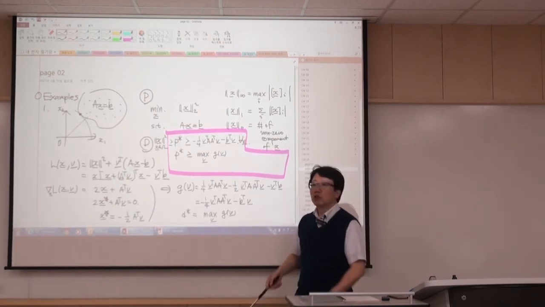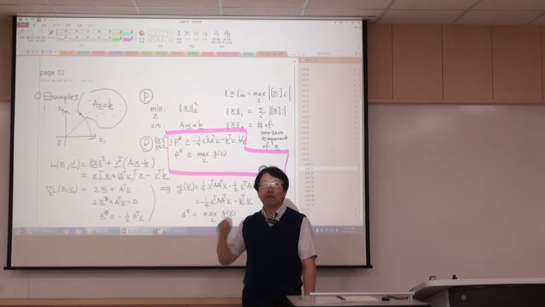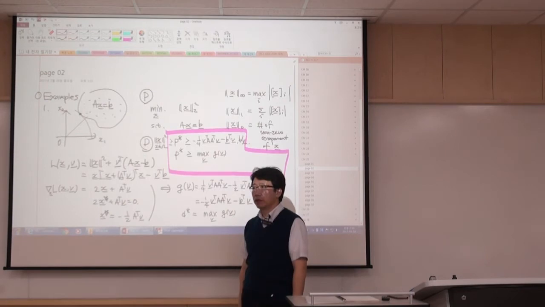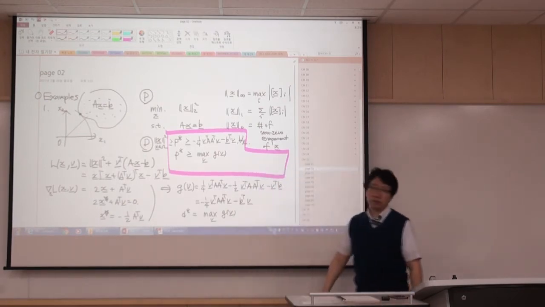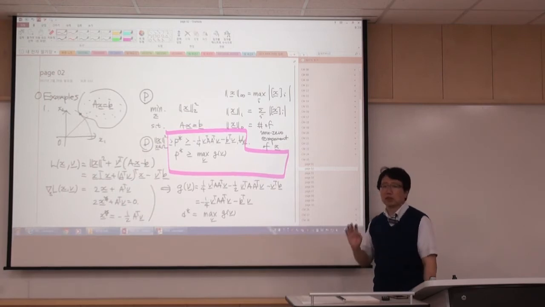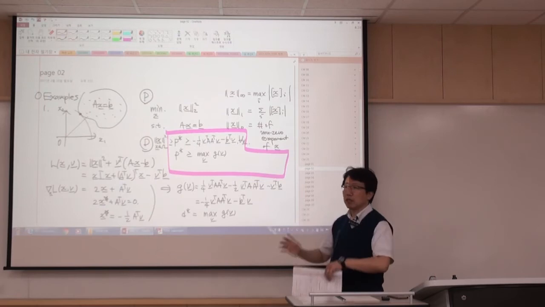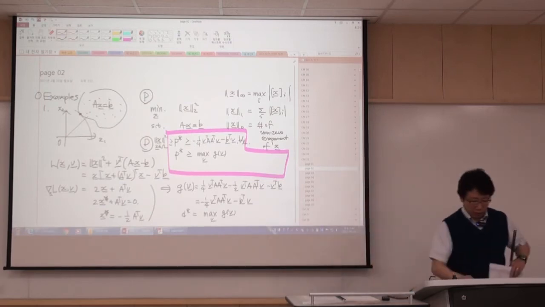Got it? So finding a lower bound in a minimization problem, I'm not saying always, may be very, very powerful and useful. So finding a lower bound is important. That's what I want to say. That's why this duality is discussed in many optimization problems.